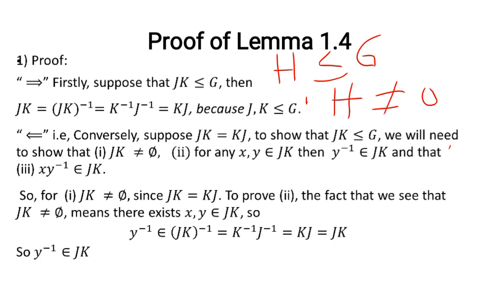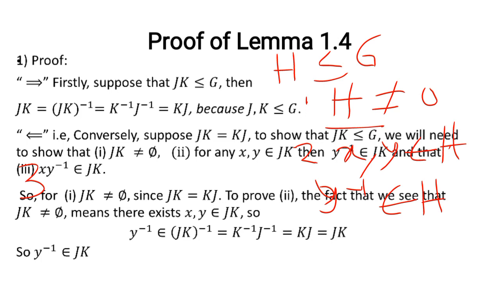Two, because it is not empty, I can find X, Y in H such that Y inverse lies in H. That's the second thing you must do. And the third and final thing you must do, because it is not empty, you can still find this X and Y, is to check the last stage, which is that X, Y inverse is in H.